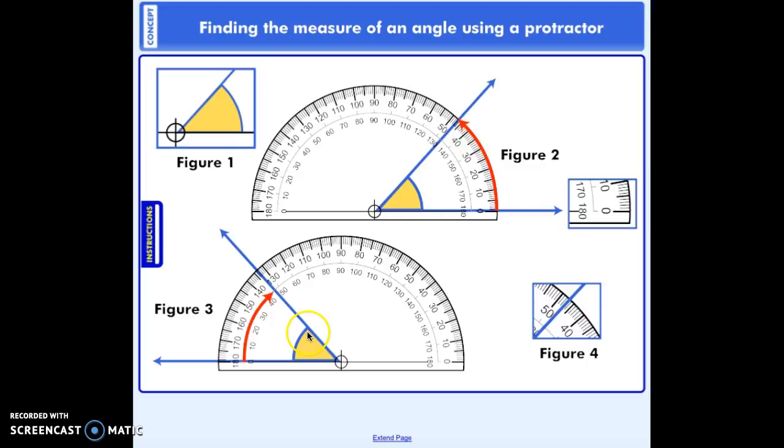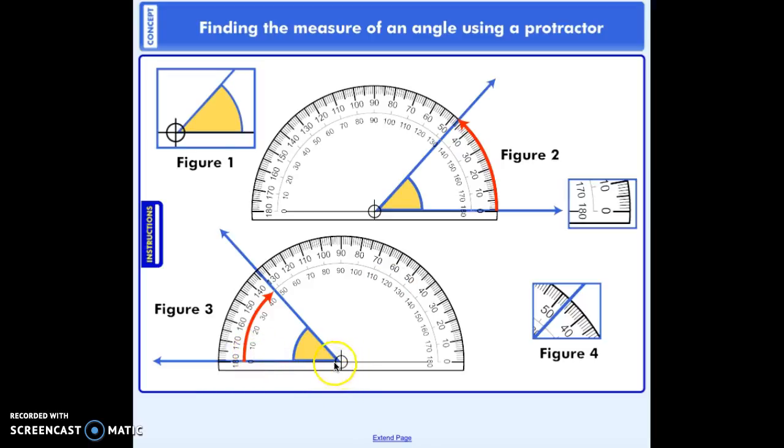Now I look at figure 3. Again, I look at this angle, and I can tell that it's still an acute angle. So even though I've switched sides of the protractor, I still am looking at the smaller numbers. If it was an obtuse angle, then I would look at the larger numbers. But again, it is an acute angle, so I'm going to look at the smaller numbers.